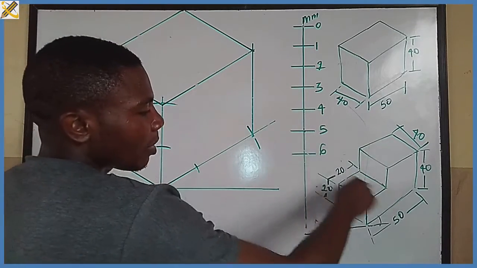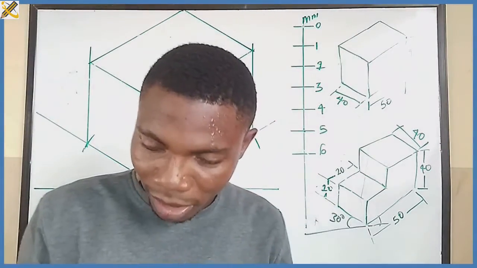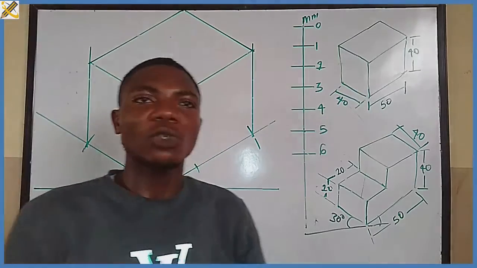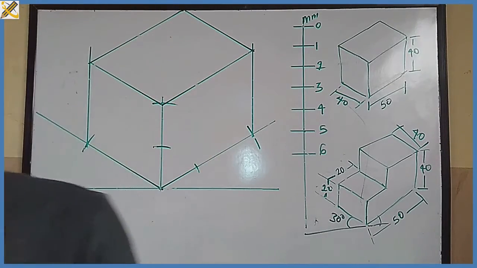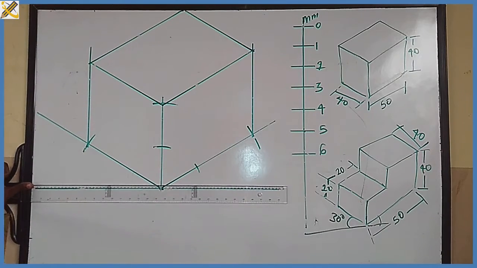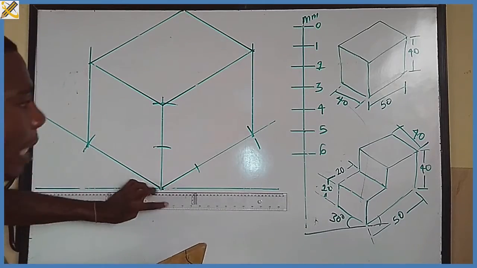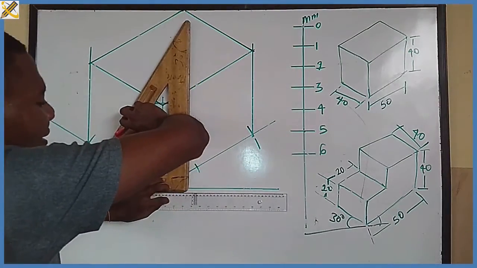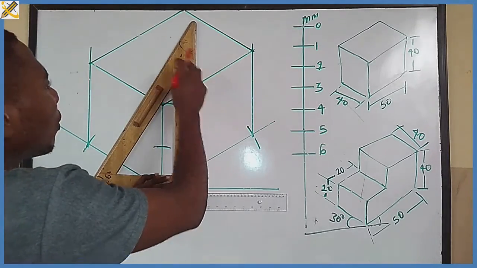After having that, what else do I do now? I'm going to rip this area out now. Just sit down, be rest assured, and follow suit as I proceed. With my T-square, I told you, ensure your T-square sits perfectly and flushes, because if not, it's going to disrupt your drawing. With my T-square sitting perfectly and my set square sitting vertically a bit, I'm going to draw this line here.